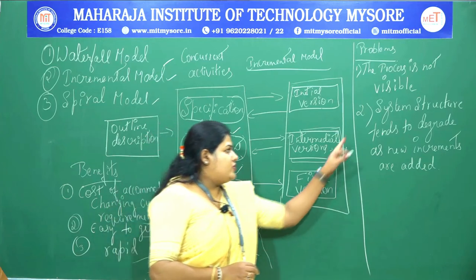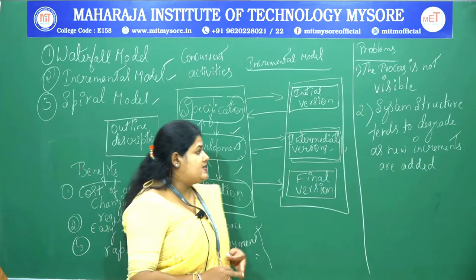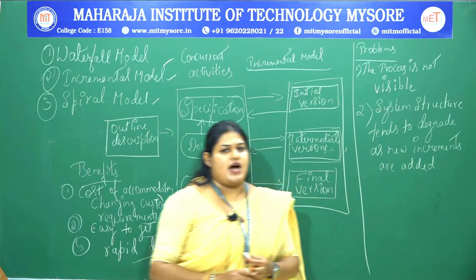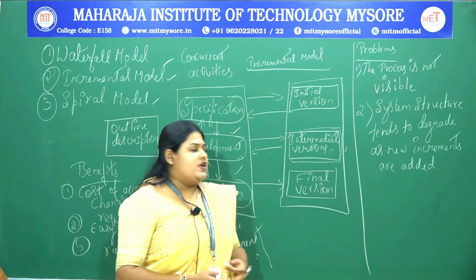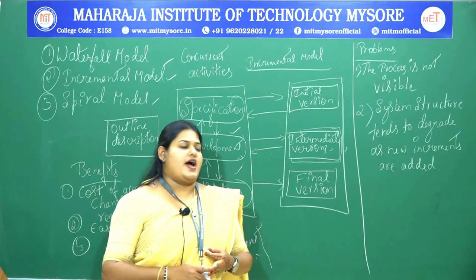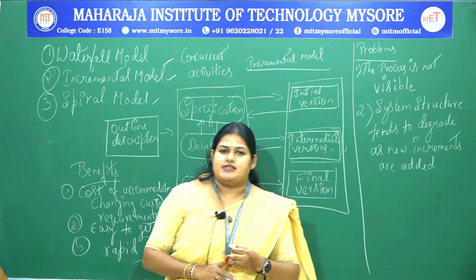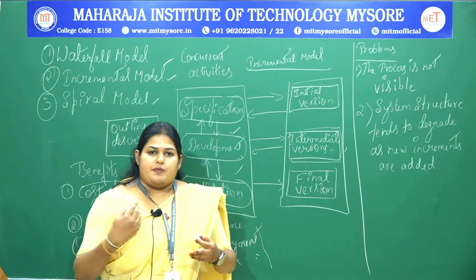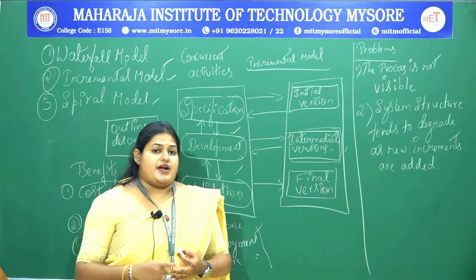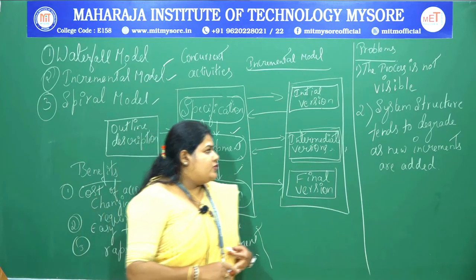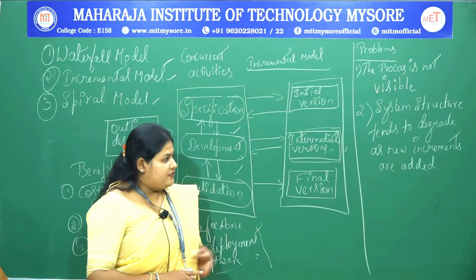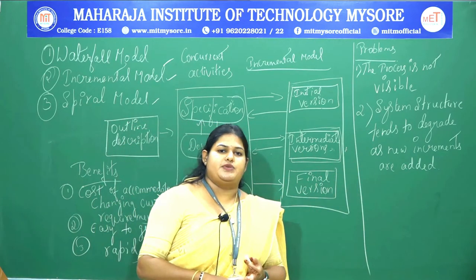And the second is that the system structure tends to degrade as new increments are added. Yes, of course, if we aim for much more than 100% perfection, there might be a chance that the product might be corrupted. So, that is the basic disadvantage. Out of greediness or selfishness, we may try to customize to 100%.